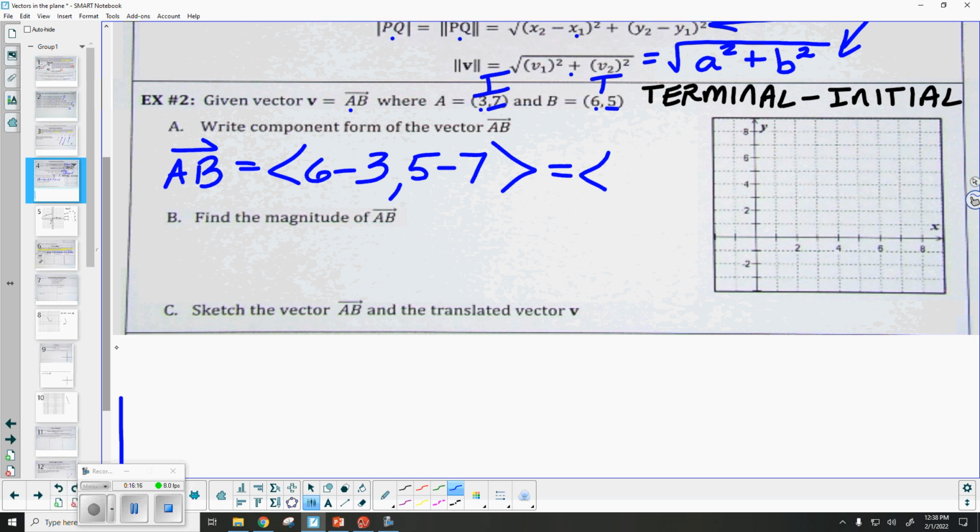So what should that result in? <3, -2>. That's the component form of this vector AB. Here's the a value, here's the b value. Okay, remember, it's not a coordinate, but it's going to act just like a coordinate. Because the first value a is horizontal, I know that I would move horizontally to the right. The b is vertical, because it's negative, I know that I would go down.